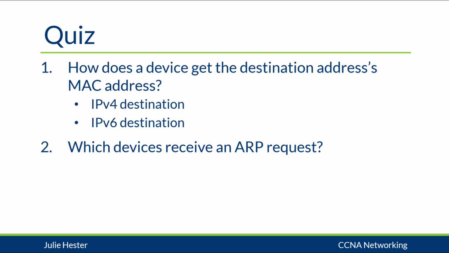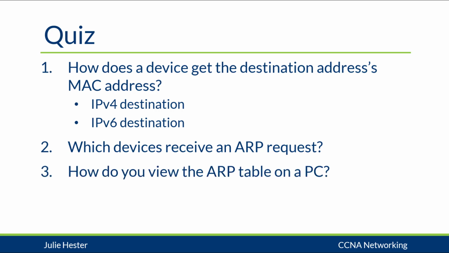Which devices receive an ARP request? All devices in the network receive the message since it is sent to the broadcast address of all Fs. This is also known as the network's broadcast domain. How do you view the ARP table on a PC? You can view the table by issuing command ARP-A.